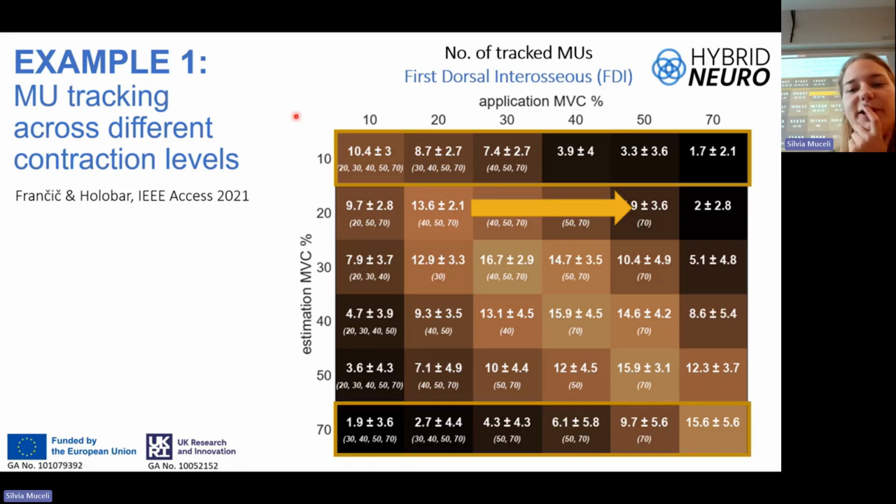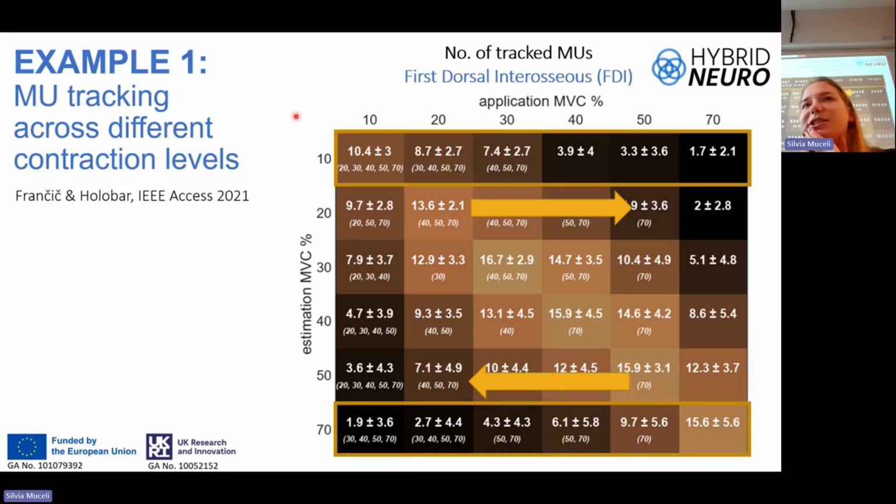Now, if we look at the last line here, where we look at it in this direction, we estimated a motor unit filter at 70% contraction level, and we applied it to lower contraction levels. And we were losing motor units again. Quite frustrating. And this happened because of Henneman's principle.